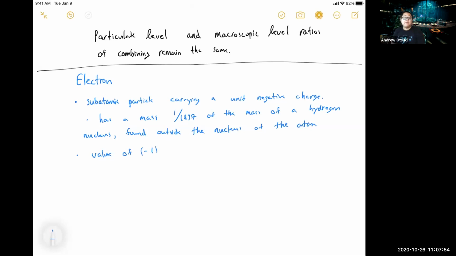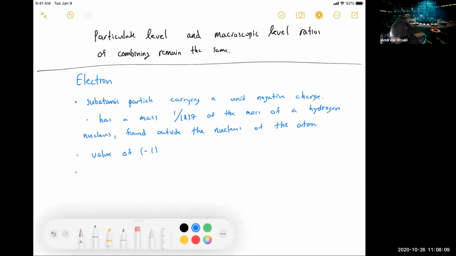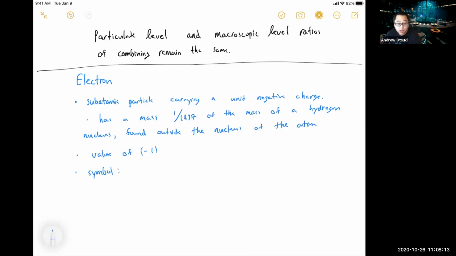We assign that value because it has a net negative charge. The symbol we use is e with a superscript minus charge, so electron.